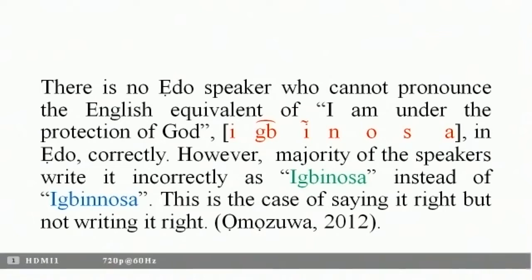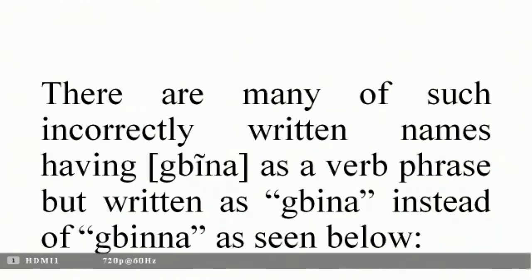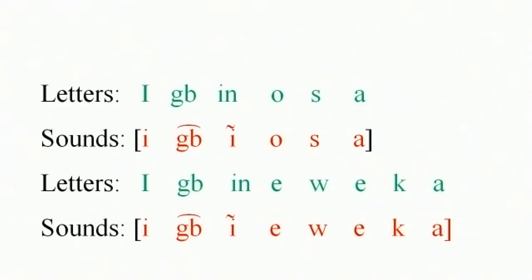That phrase was written as G-B-I-N, as seen below. If you look at that, it becomes Igbiosa. Look at the one with a single N, it becomes Igbiosa. The other one becomes Igbeweka.